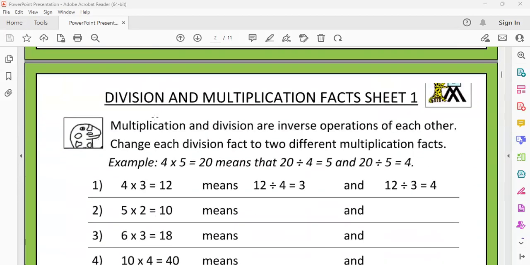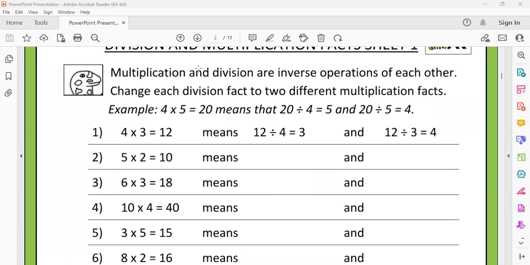On your first page, you will find an exercise in which you have to learn that multiplication and division are inverse operations. Inverse means opposite. So if I have, for example, number 1: 4 times 3 equals 12.